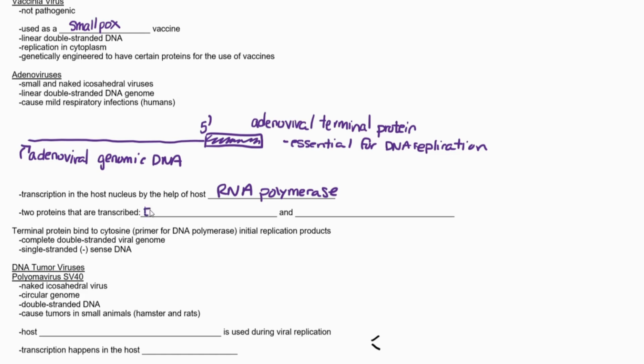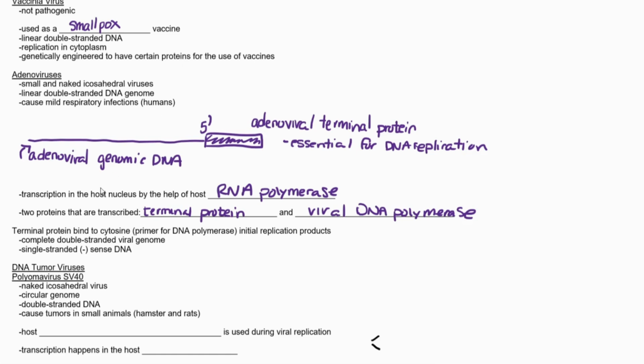It's the terminal protein and the viral DNA polymerase. The terminal protein binds to cytosine, which is the primer for DNA polymerase. The initial replication products are the complete double-stranded viral DNA and single-stranded minus-sense DNA.